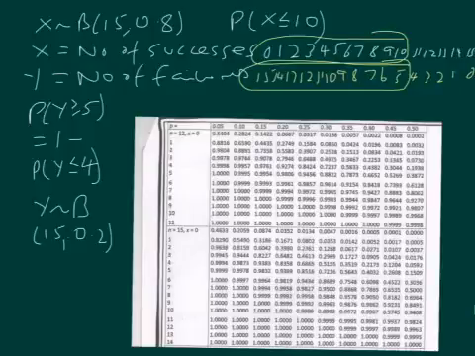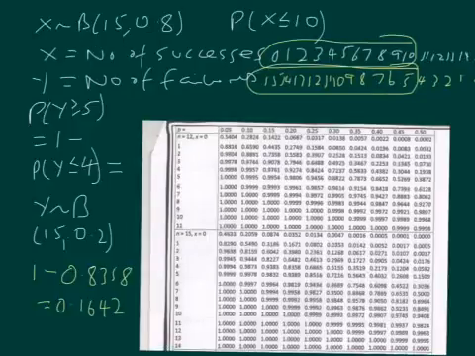So back to here, I'm running out of room, so I can say that this probability here is 1 minus 0.8358, which is 0.1642. Obviously you wouldn't set your work out so terribly. This bit really I should have put up there. But anyway, that completes this example of how to deal with a situation where the probability you've got is greater than 0.5.